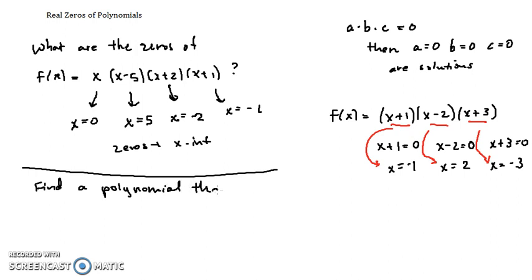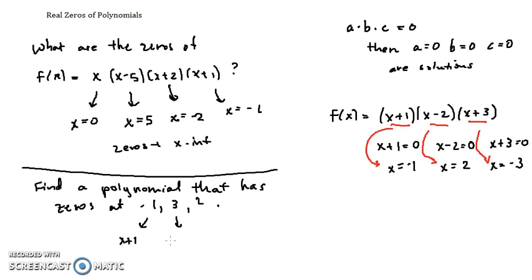All right, now going the other direction, let's say we want to find a polynomial that has zeros at negative 1, 3, and 2. So now we're working backwards. We have the zero, and we want to get the factor. If we have a zero at negative 1, we know that we have a factor of x plus 1.